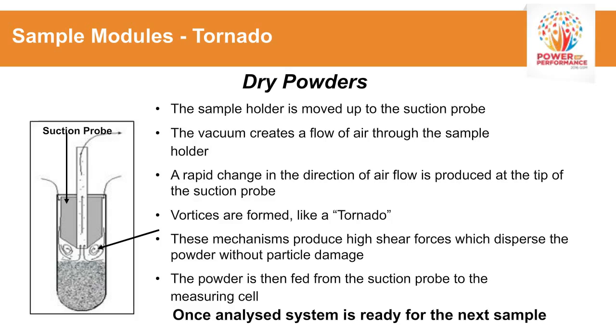And also these vortexes are like little mini tornadoes, so it creates a very high shear area, and so you have high shear but low velocity, so you tend to disperse the powders very well, and of course with the low velocity, we don't want them banging around or hitting any hard right angles or anything like that.